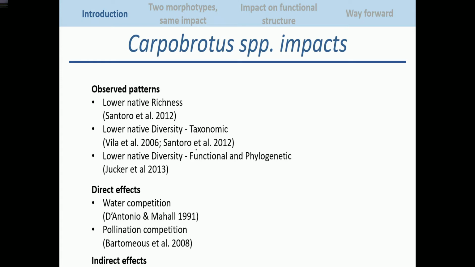Apparently, there is also one article that says that the presence of Carpobrotus is increasing the soil salinity of the communities that it invades.